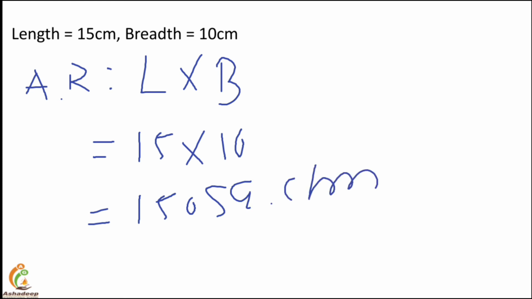Okay students, so here it will be easy for you to find the area and the perimeter also. It will be very helpful for you in higher standards. So you should keep this concept in mind.